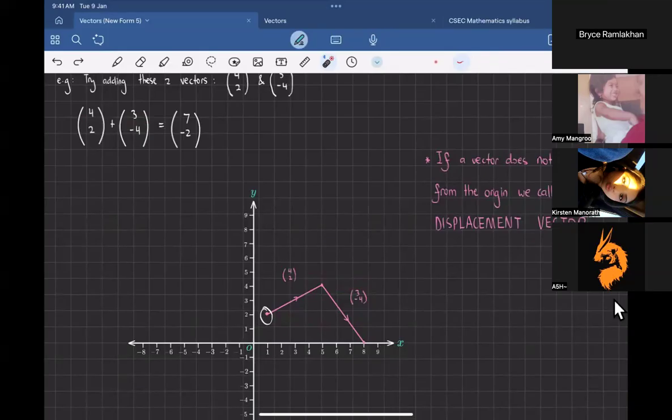Watch. If I start from this point over here, this is starting point 1 and this is ending point number 2. If I'm starting at 1 and I want to go to 2, tell me how many spaces I have to move to the right. I started at 1 and I'm ending at 8.